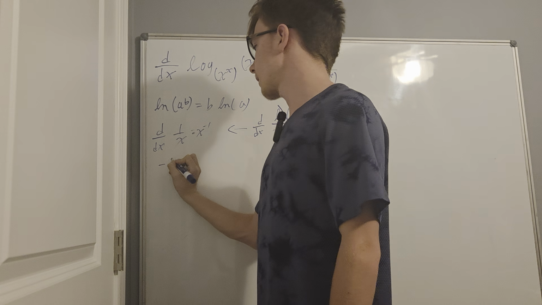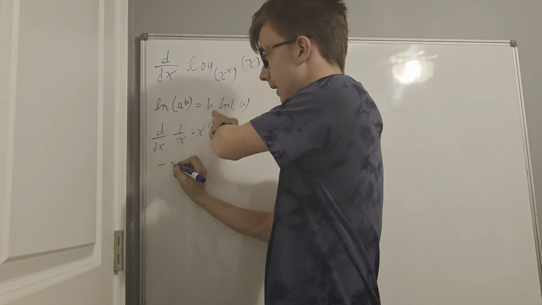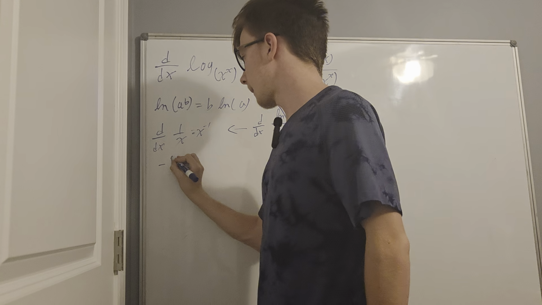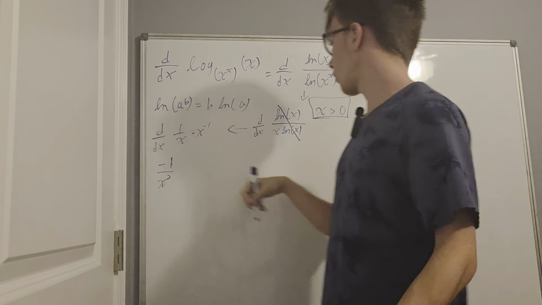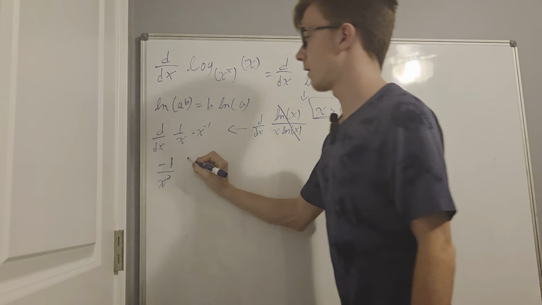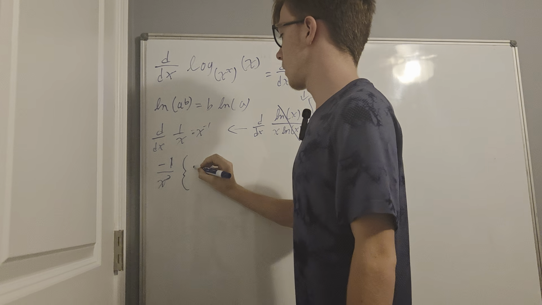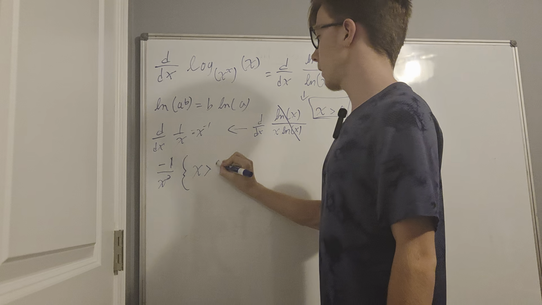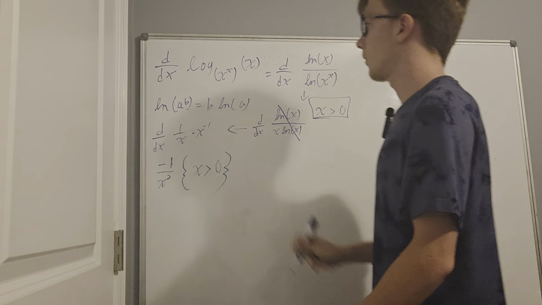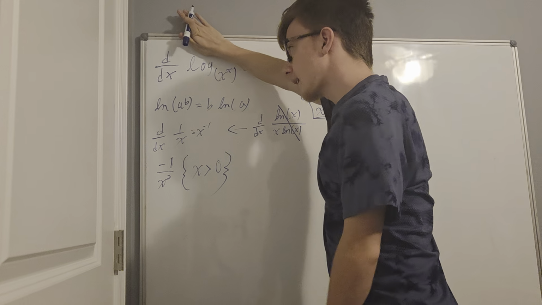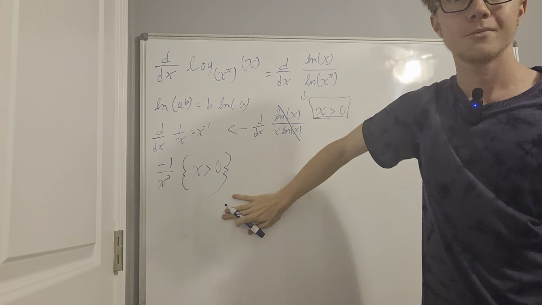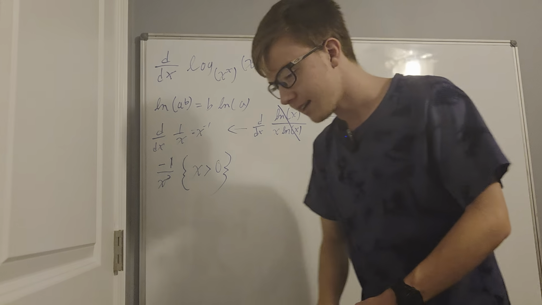We're going to end up with negative 1 over x squared. And the only limitation here is that x has to be greater than 0. So you see, something that looks as horrifying as this just becomes this, right?